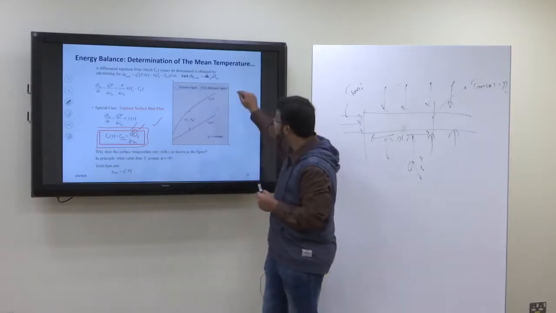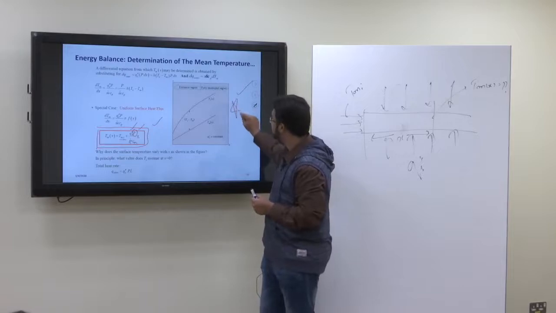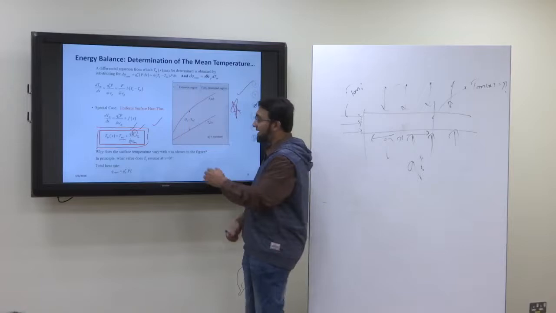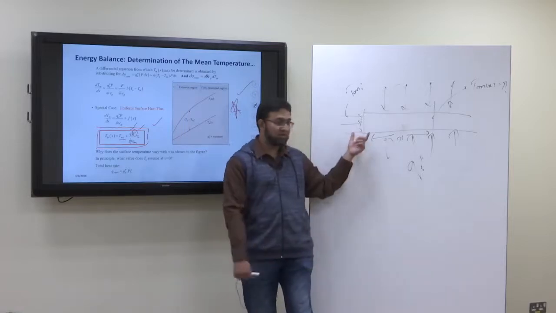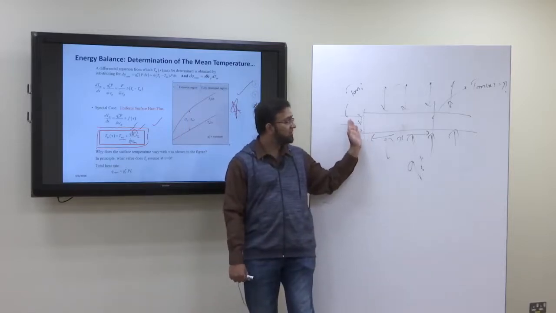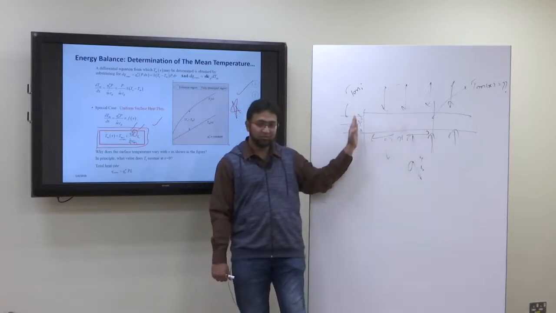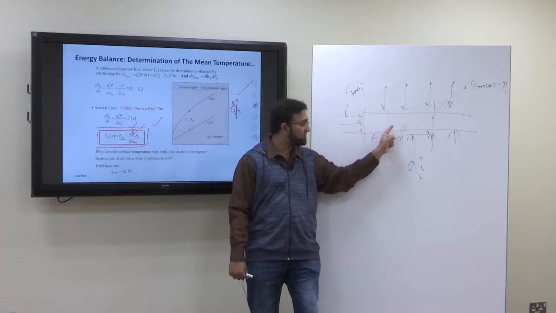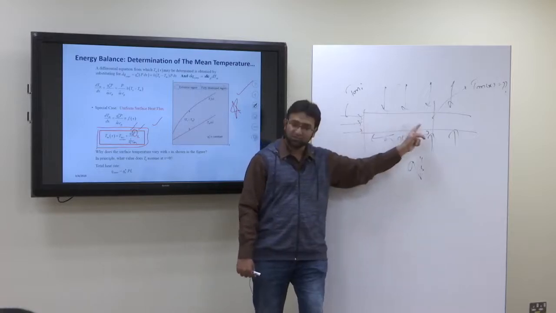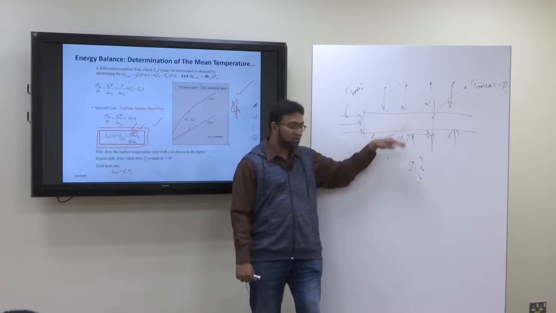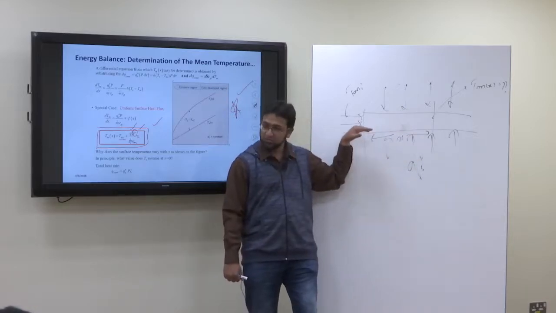And this graph is very, very important. This graph shows what? If it is a constant heat flux, the T mean will continue to increase. T mean at inlet will be initial, then as the fluid continues to flow in the pipe, T mean will continue to increase because you have a constant heat flux, right?